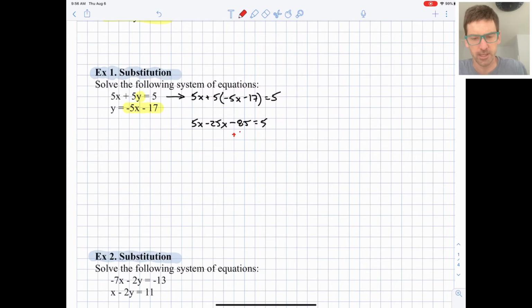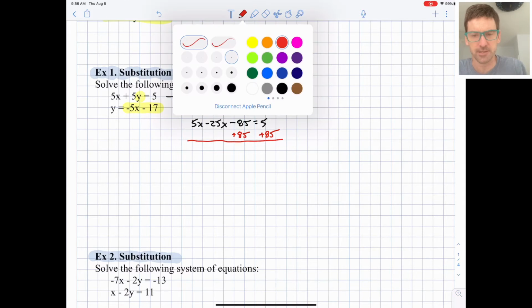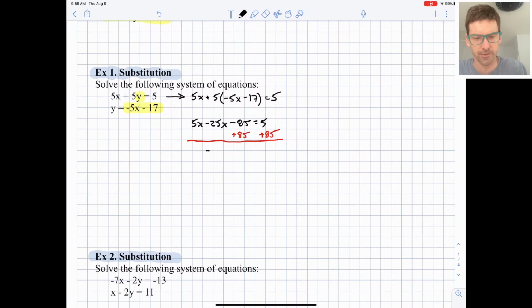I'm going to add 85 to both sides, and I'm also going to combine like terms on the left side to see what we get. So we have a negative 30x equals, once these 85s cancel, equals a 90. So I can tell we're going to get a nice clean answer. That's handy. Let's divide both sides by negative 30, and we get x is equal to negative 3.